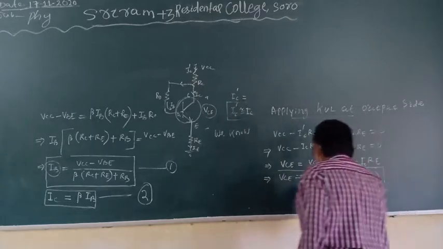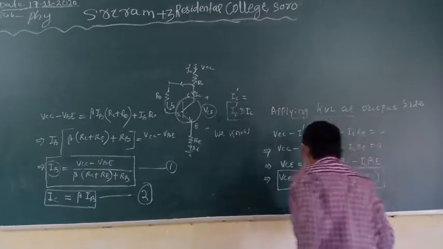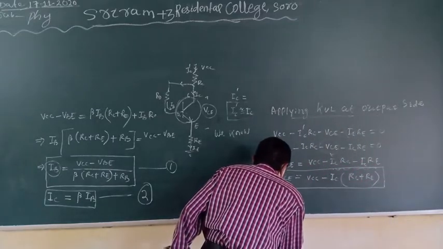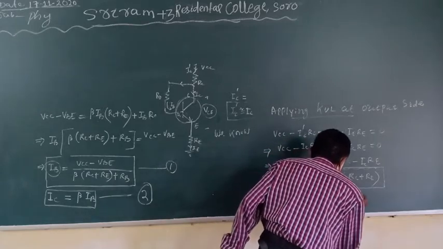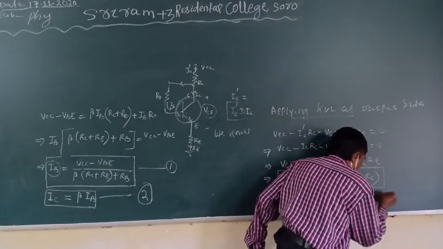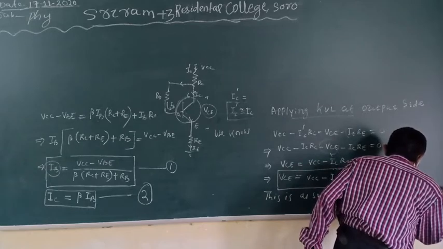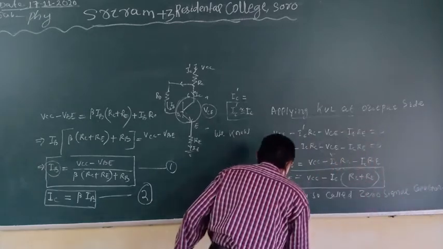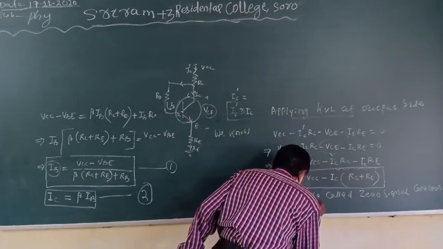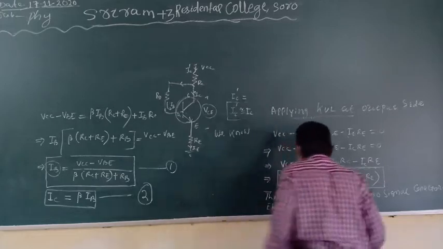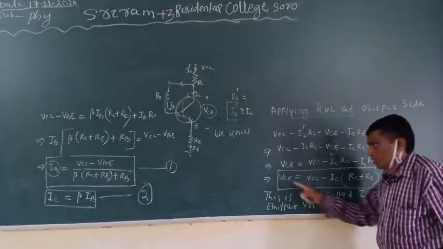Now this is the zero signal collector emitter voltage, also called the zero signal collector emitter voltage, that is VCE.